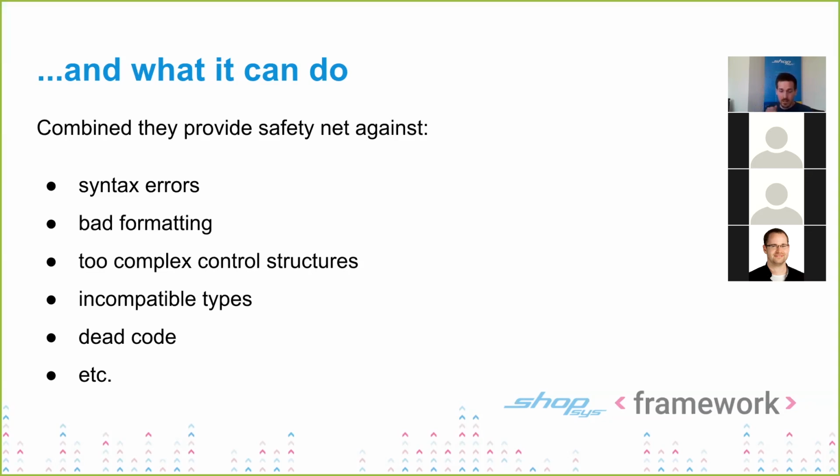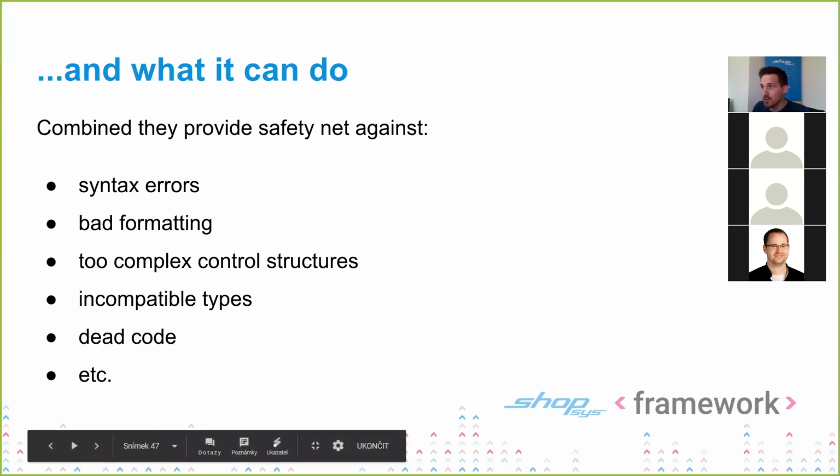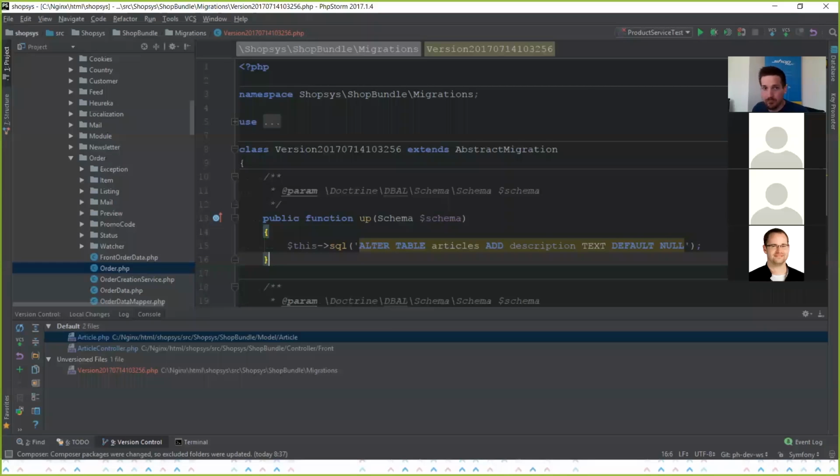Or it can even do some type checks statically, so that you don't need to run the code to know whether all the types are compatible. It can detect dead code and so on. I will show you an example.